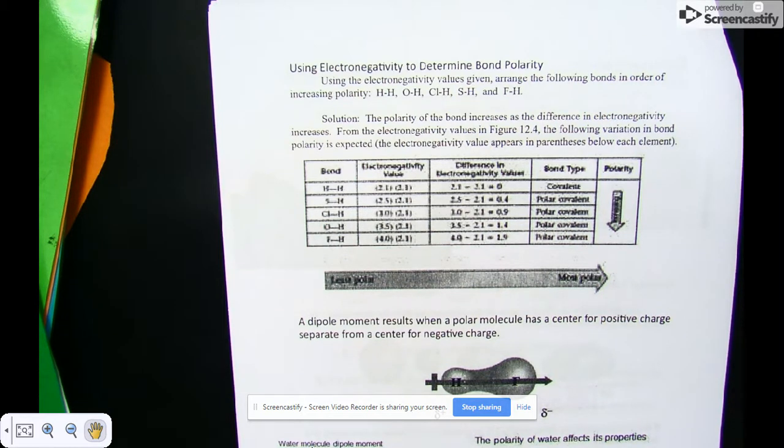So here's a chart. This is copied very strangely. I don't know why it copied so poorly. So we're going to write these out so you guys can actually see them. We're going to use the electronegativity values given to us to arrange the following bonds in order of increasing polarity. So the larger the difference when we subtract, the more polar something is.